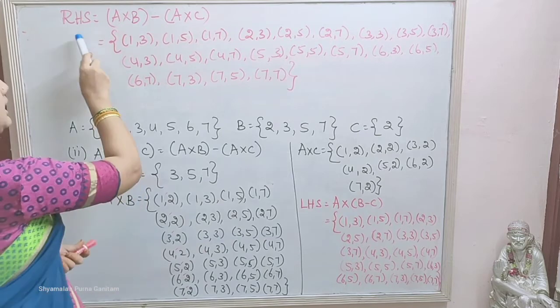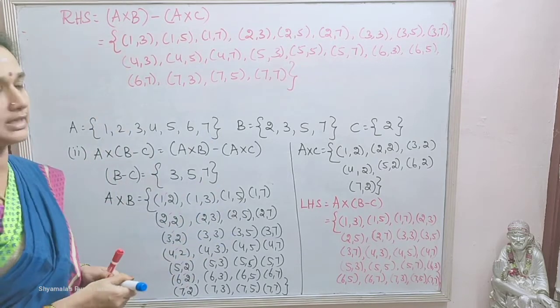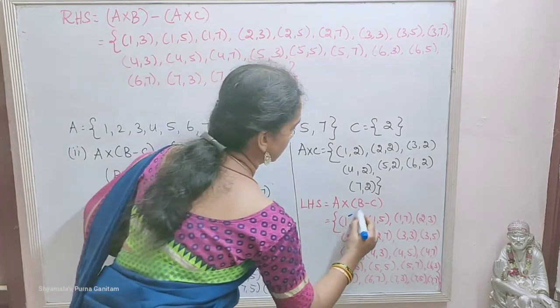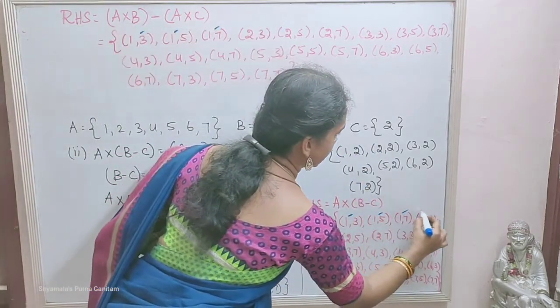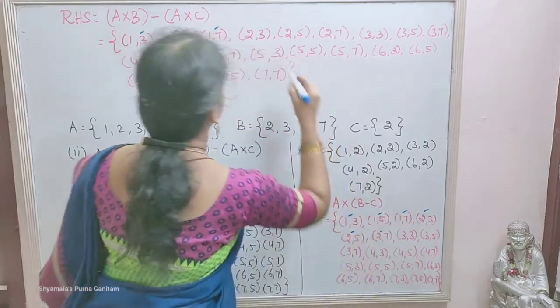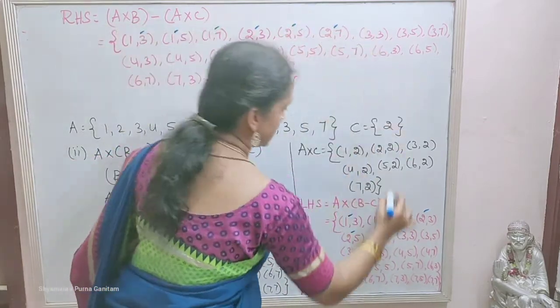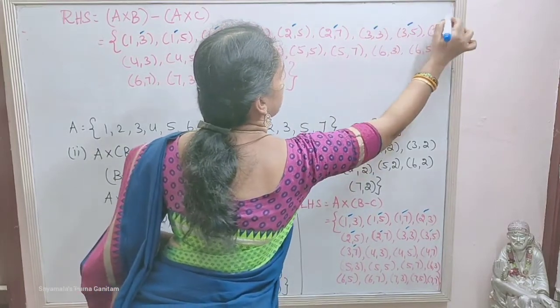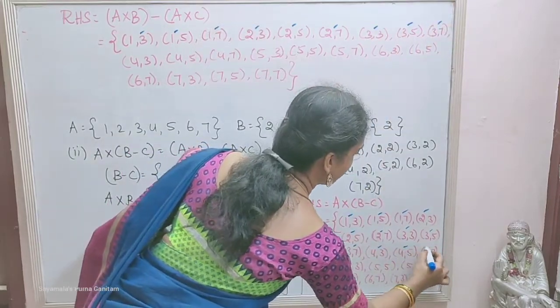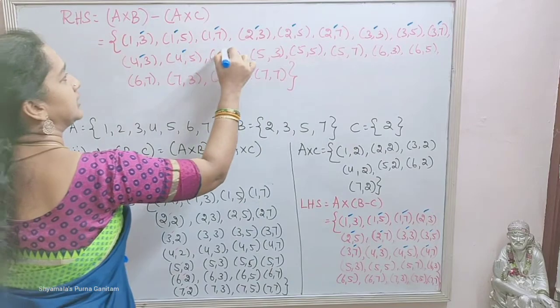Now we will check whether the LHS and RHS values are equal. So 1, 3 is there, then 1, 5, 1, 7. Then 2, 3; 2, 5; 2, 7. Then 3, 3; 3, 5; 3, 7. Then 4, 3; 4, 5; 4, 7. That is there.